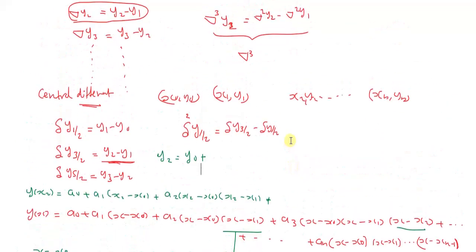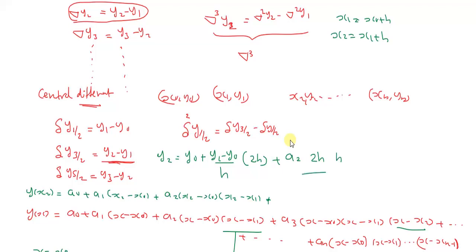So we can substitute that: y1 minus y naught by h into x2 minus x naught will be 2h, because x2 will be equal to x1 plus h, whereas x1 is equal to x naught plus h. So this will be 2h plus a2 into x2 minus x naught, again 2h, x2 minus x1 will be equal to h.